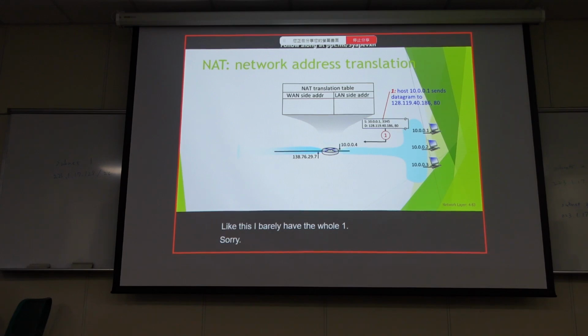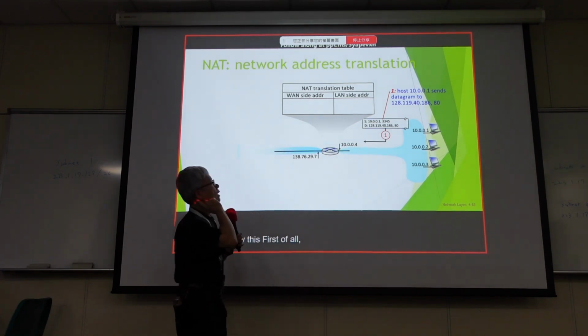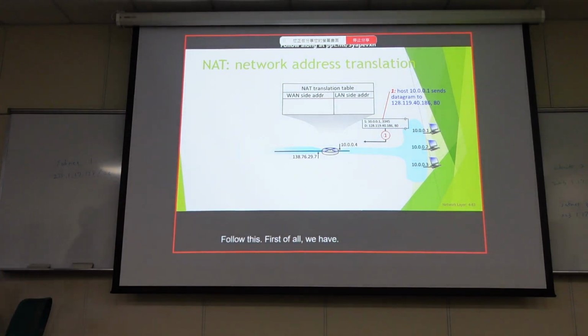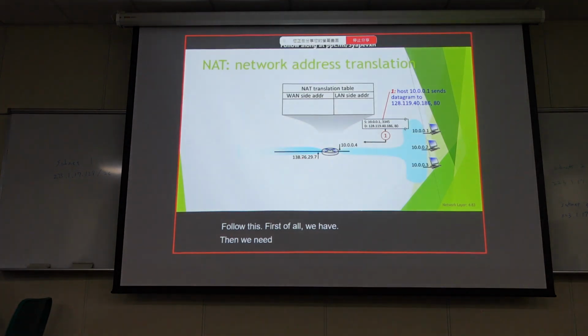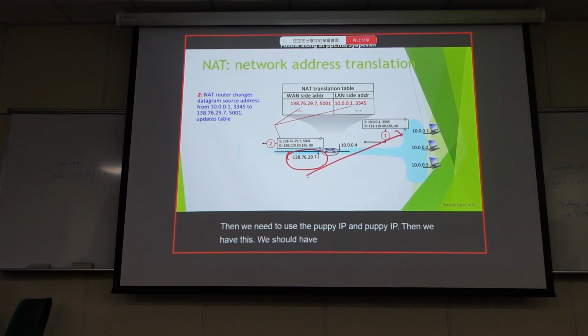Follow this. First of all, we have the private IP, then we need to use the public IP. For the public IP, we should have the mapping: the original one, and the mapping here.